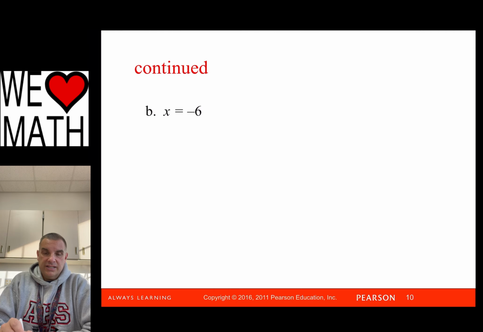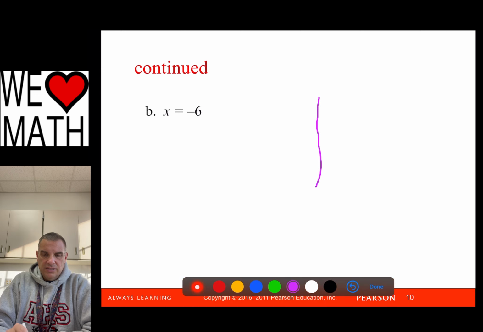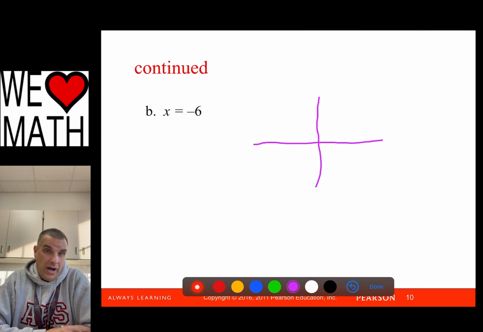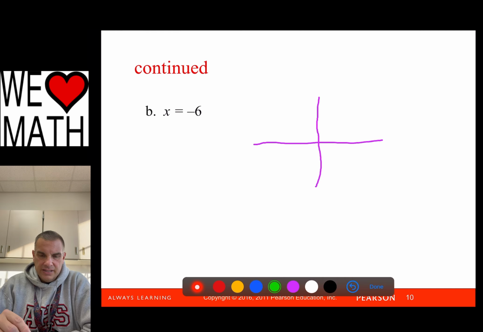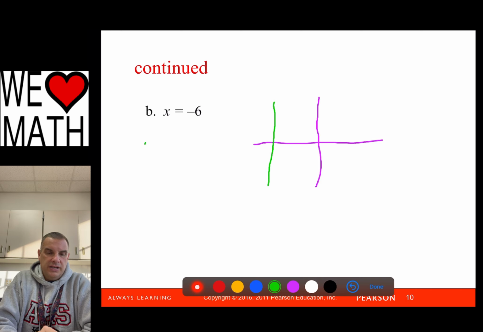So then if we have x equals -6, this one's a little bit different. And the explanation that they'll give for this is actually why it works like this. Remember, if you have x equals -6, it's always this type of situation. So anytime you have an x equals, your slope is undefined.